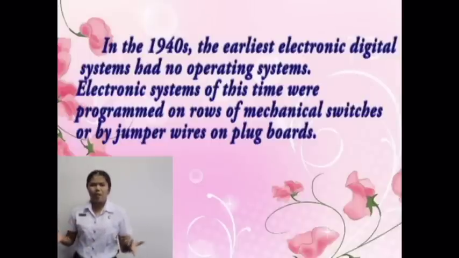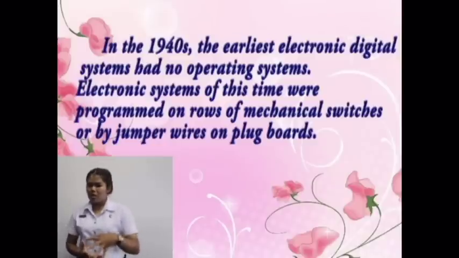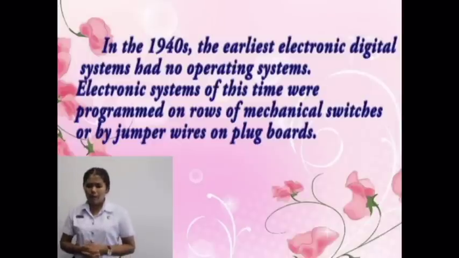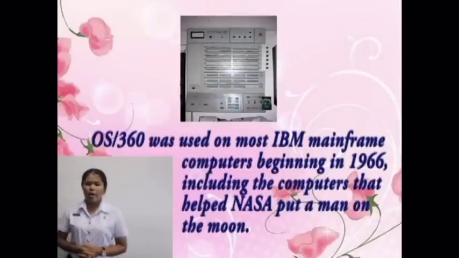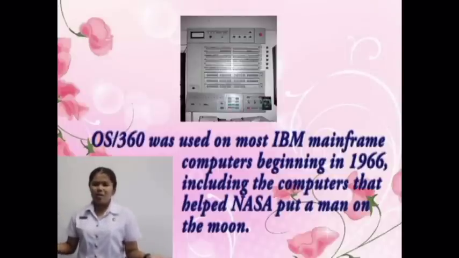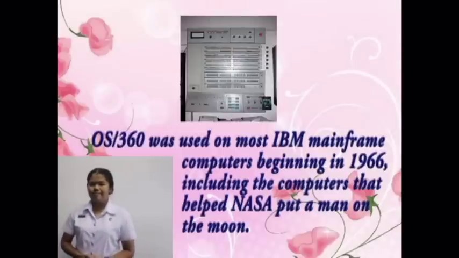Electronic systems of that time were programmed on rows of mechanical switches or by jumper wires on plug boards. OS/360 was used on most IBM mainframe computers, including the computers that helped NASA put a man on the moon.